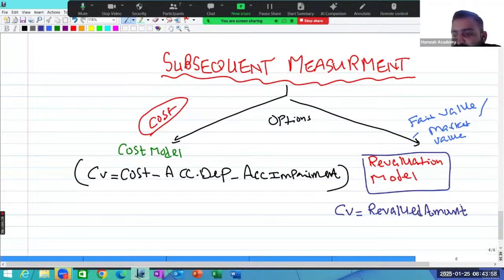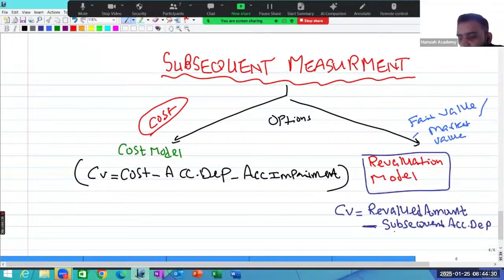Revalued amount means fair value or market value, less subsequent accumulated depreciation.